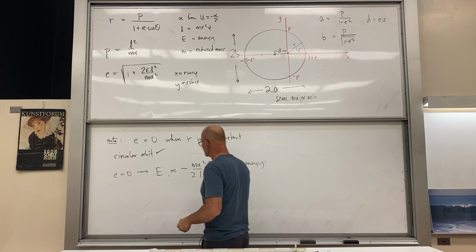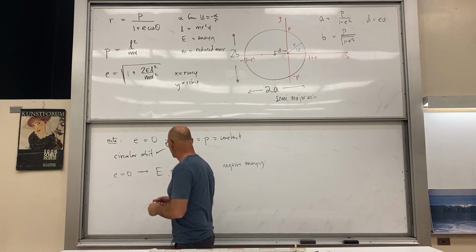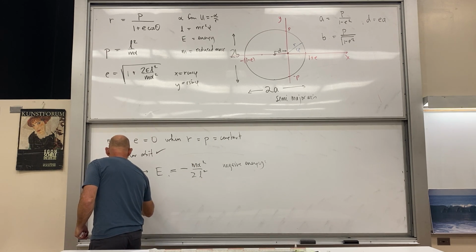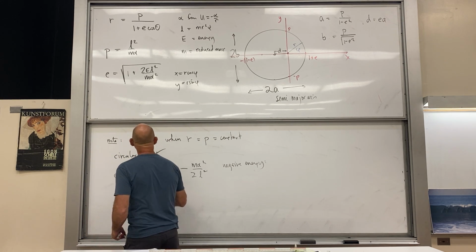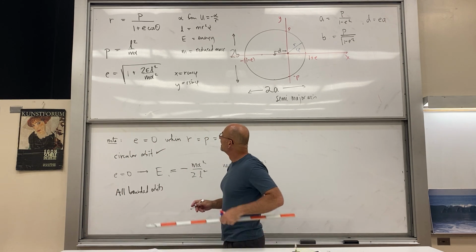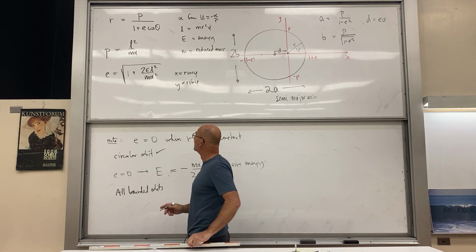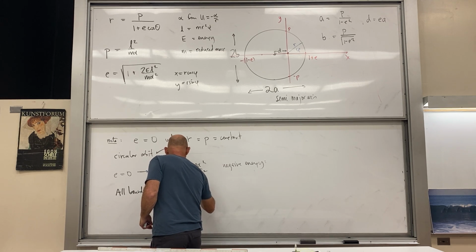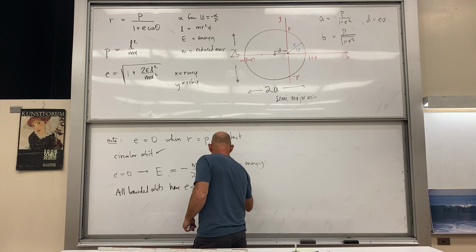Let's remind ourselves what that means. All bounded orbits. And you see that because we have to have E less than 1 and energy less than 0.